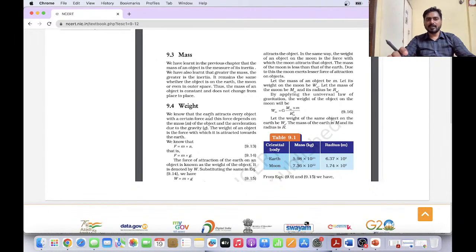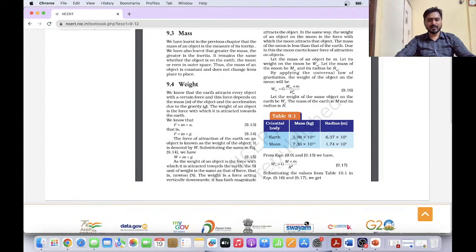Weight is not remaining constant. If we move towards the moon, or towards another planet, your weight will vary, but the mass will remain the same. Mass remains the same, but the weight changes. Weight is given by mass into force of gravity.